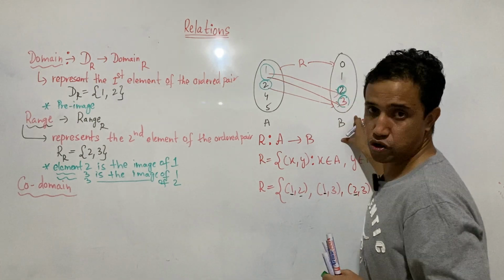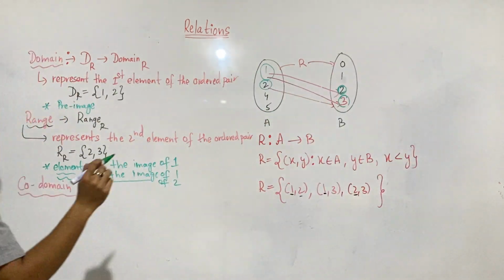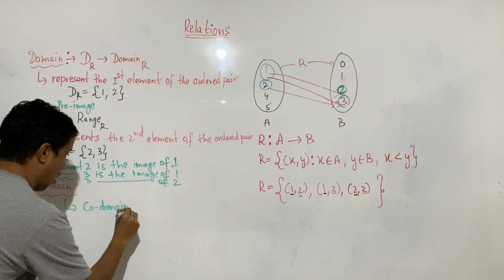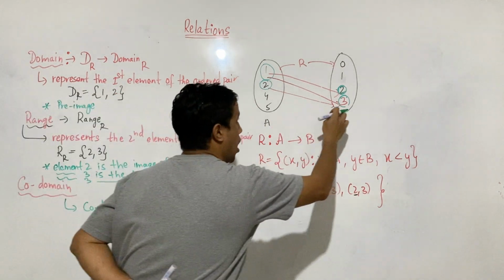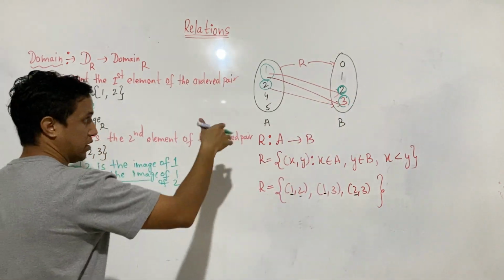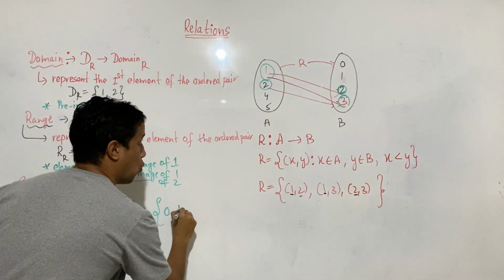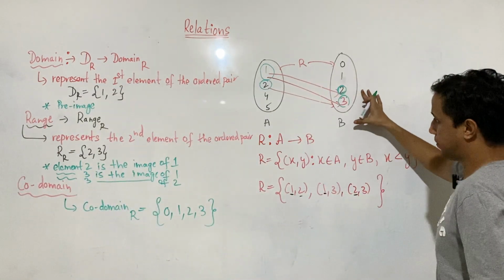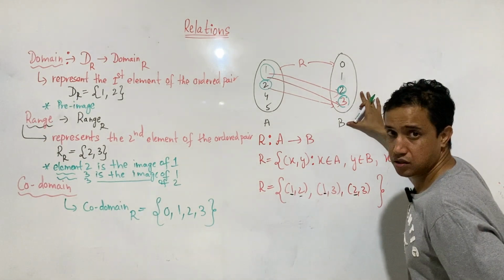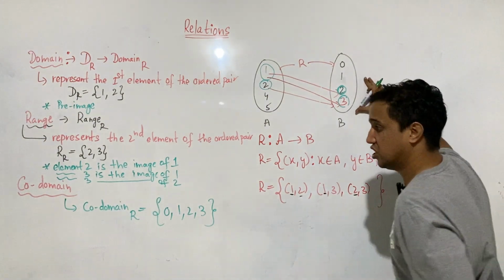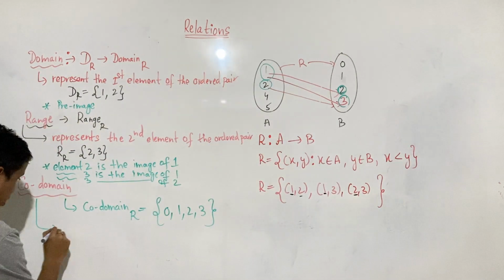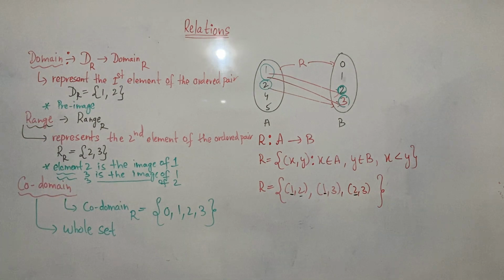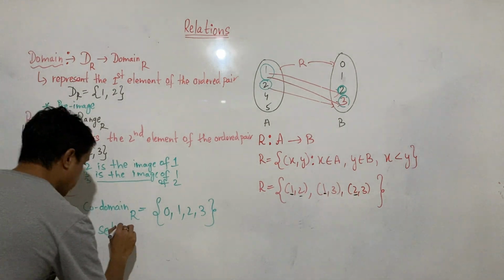So codomain R is going to be the set of all the elements, so it's going to be 0, 1, 2, 3, meaning the set of all the elements present in this set. So codomain is going to be the whole set B.